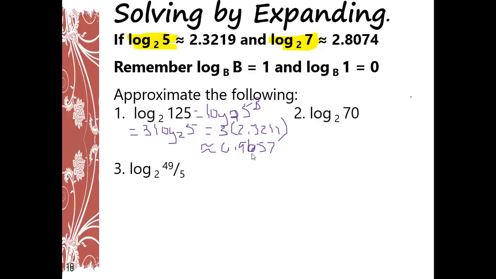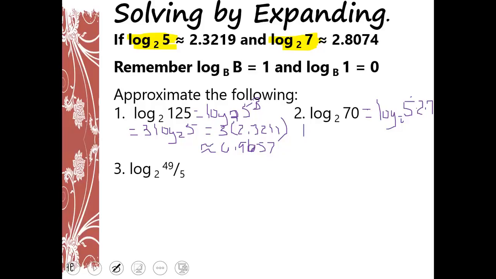Sorry, that looks a little messy. Trying to be good. 70 can be expressed as a multiplication of 5 times 14, which is 2 times 7.